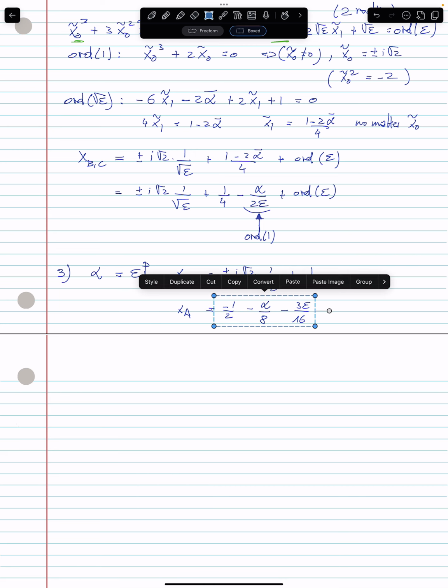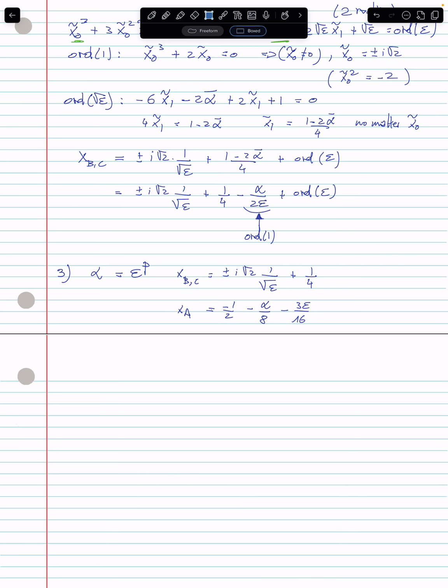We need to keep it because we can again remove alpha from that expression, because alpha is something now that is definitely smaller than this epsilon.